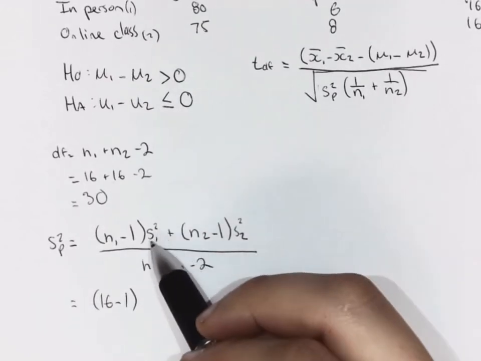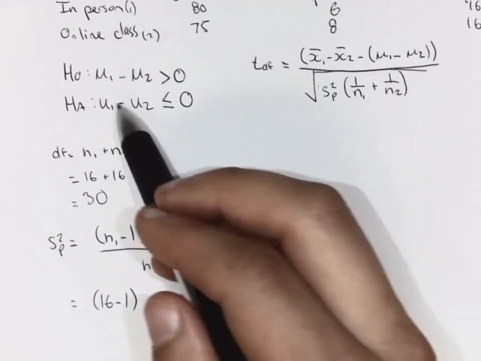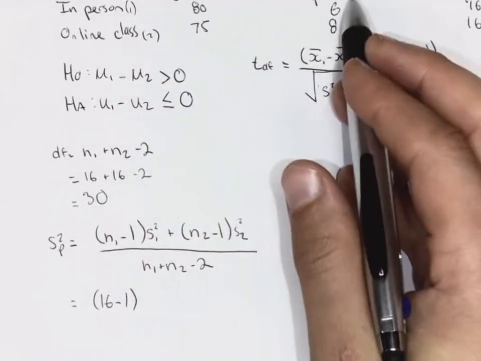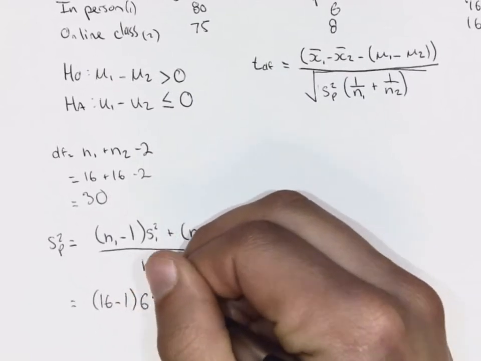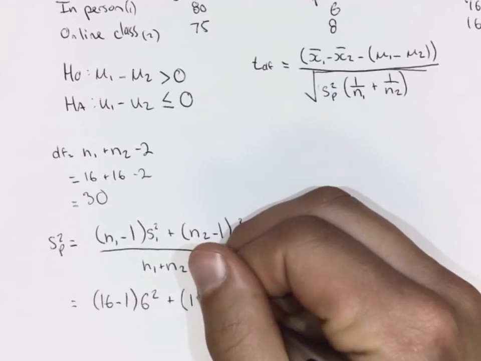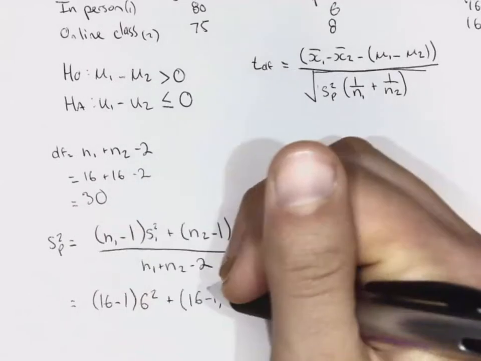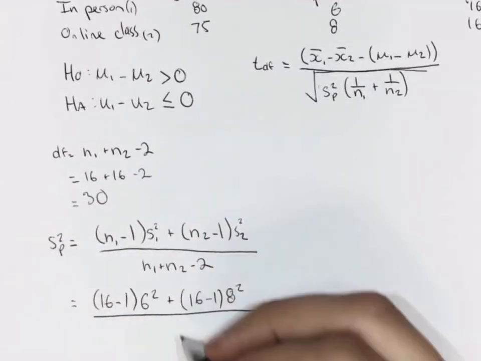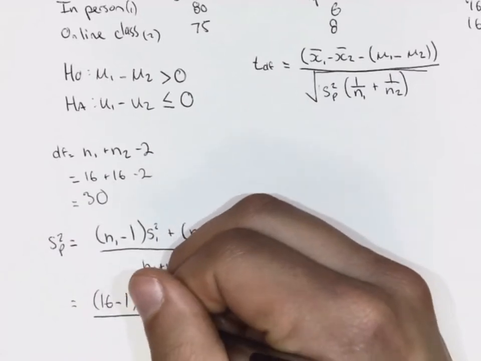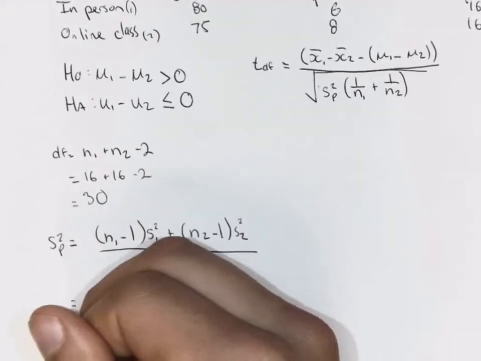Our standard deviation for in-person, delineated by 1, is 6 squared, plus our sample for online, 16 minus 1, multiplied by 8 squared. Again, 16 plus 16 minus 2.